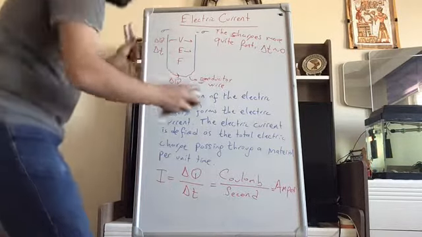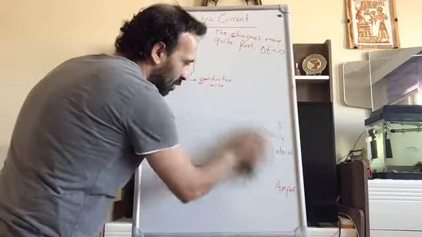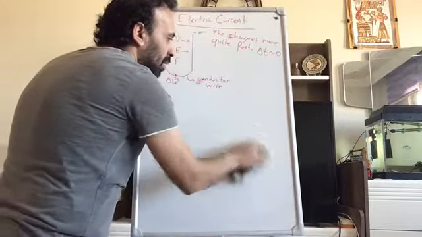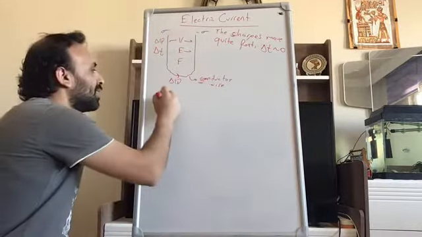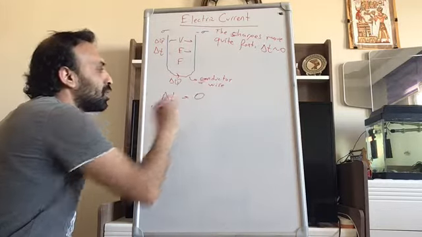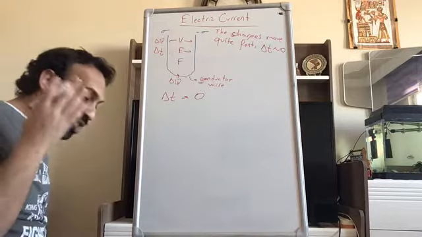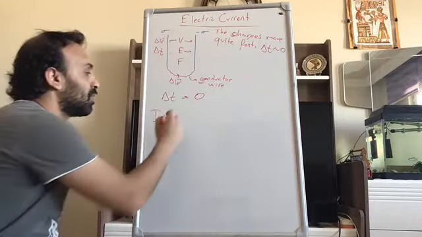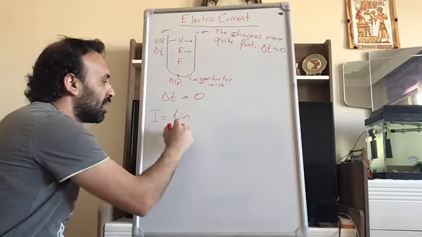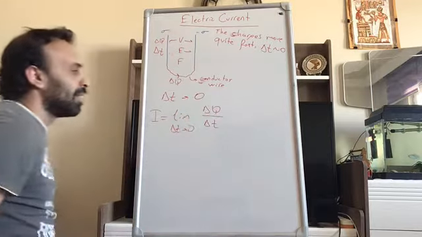Let me just make some space. Okay, so delta T goes to 0. Actually, it's not exactly 0, but it's so small because charges are moving very fast. So we need to define the current at the limit where delta T goes to 0 of delta Q over delta T. What does it mean?